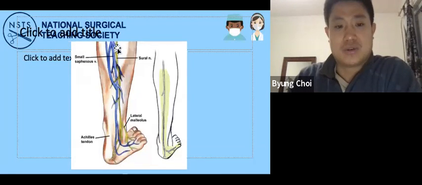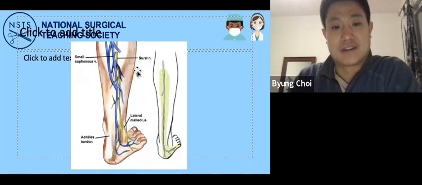So the sural nerve comes laterally, as we were talking about previously, innervating the skin of the lateral aspect of the lower leg. And then the short saphenous vein also begins on the lateral aspect of the lower leg and travels up, ending in the popliteal fossa. So the sural nerve and the short saphenous go together.